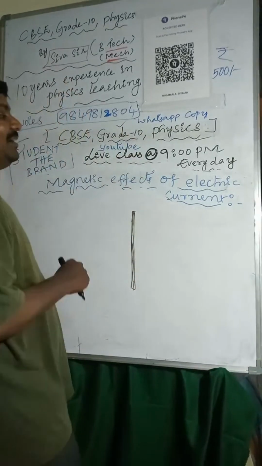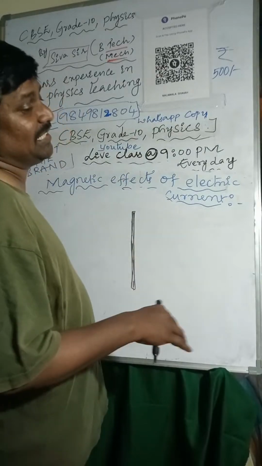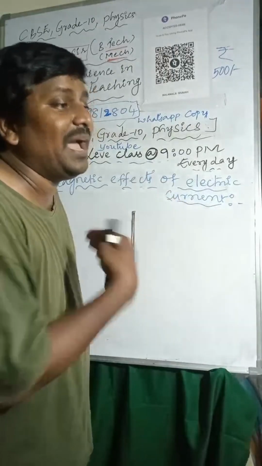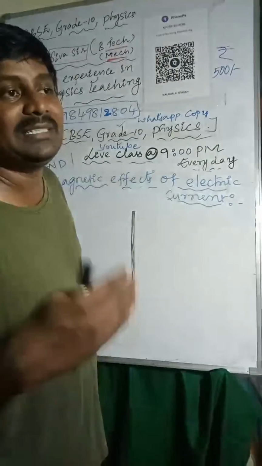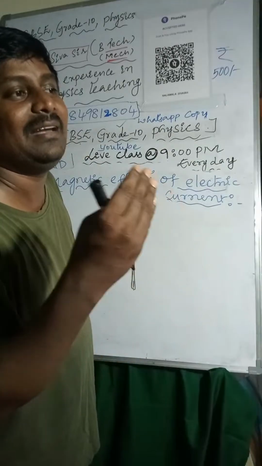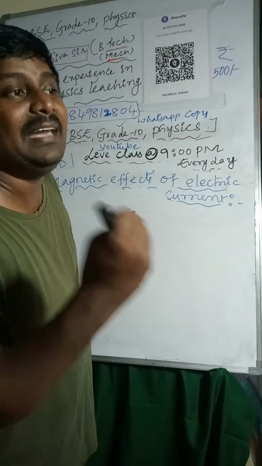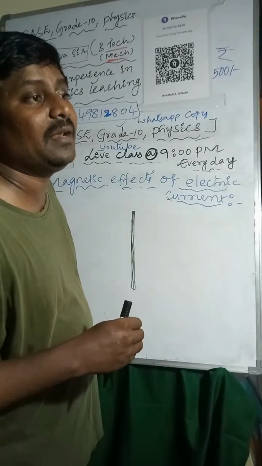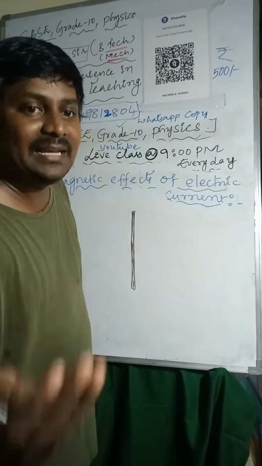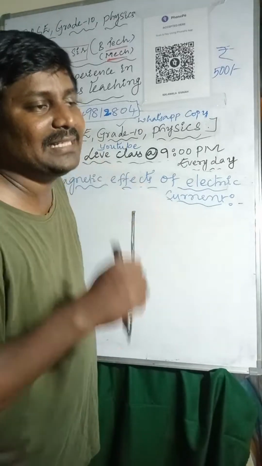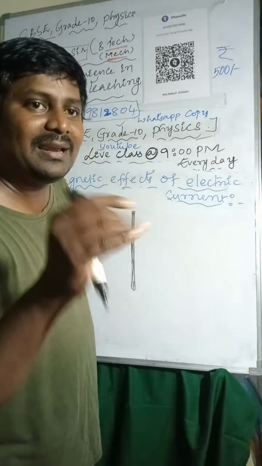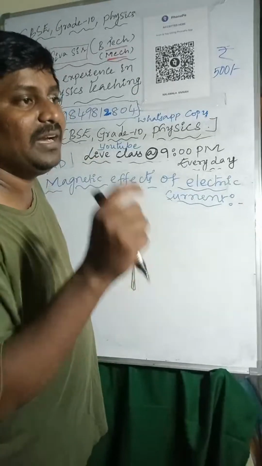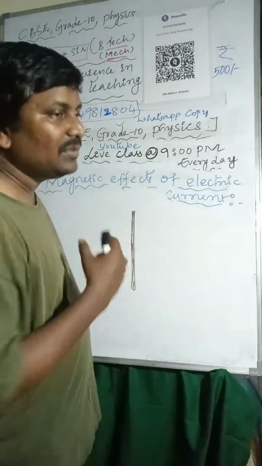In which direction will the magnetic field be there? How can I identify the magnetic field direction? If they ask in the exam, you can write like this: there is a rule to identify the magnetic field obtained around the conductor.